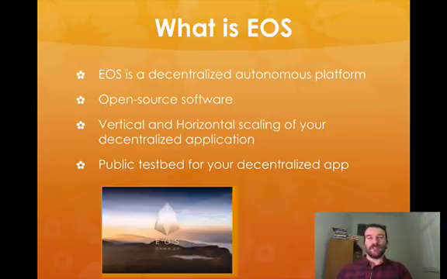This software introduces a blockchain architecture designed to enable vertical and horizontal scaling of decentralized applications. This is, of course, achieved through an operating system upon which applications can be built on top of this.